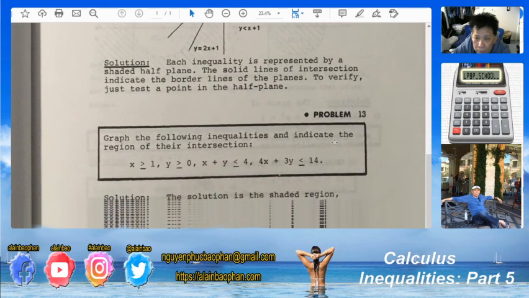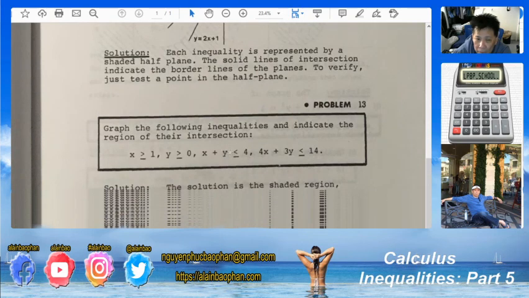Okay, let's go to the next problem. It's a very similar problem. Graph the following inequalities and indicate the region of their intersection. Intersection means two areas intersect, and we need to find that intersection, just like the intersection of two roads.